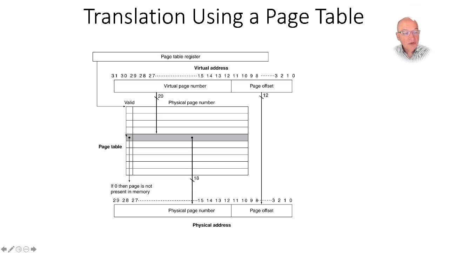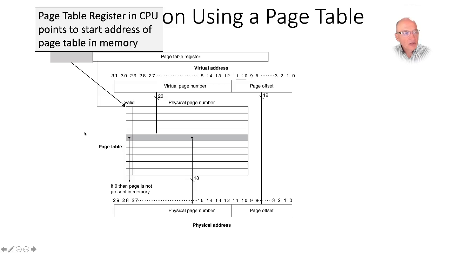As we're going to see in detail in the second part of this lecture, there are several additional bits that are protection bits that will tell me whether I can actually access that page at this time with this program. So the page table register in the CPU will point to the start address of the page table in the memory.